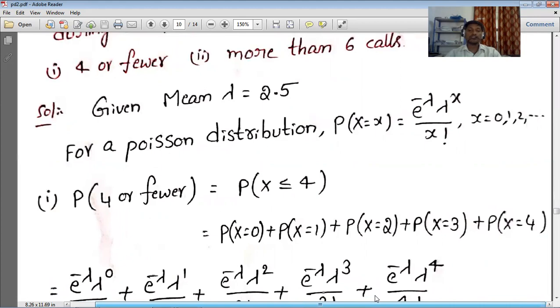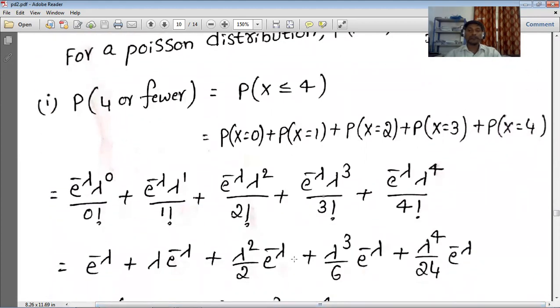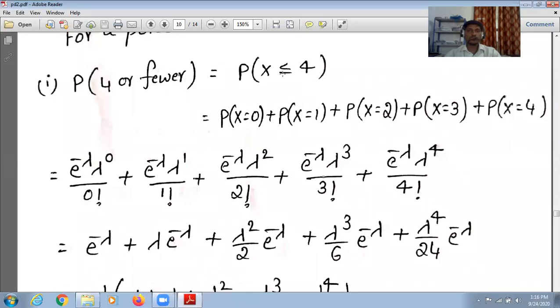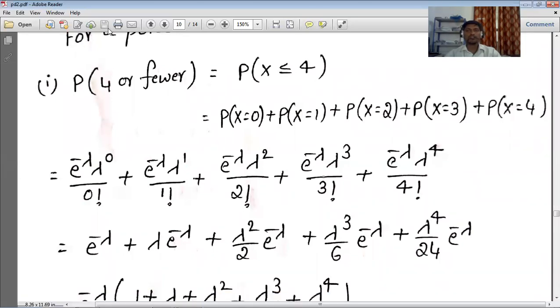That is P of x less than or equal to 4, which is 0, 1, 2, 3 and 4. So P of x equal to 0, plus P of x equal to 1, plus P of x equal to 2, plus P of x equal to 3, plus P of x equal to 4.